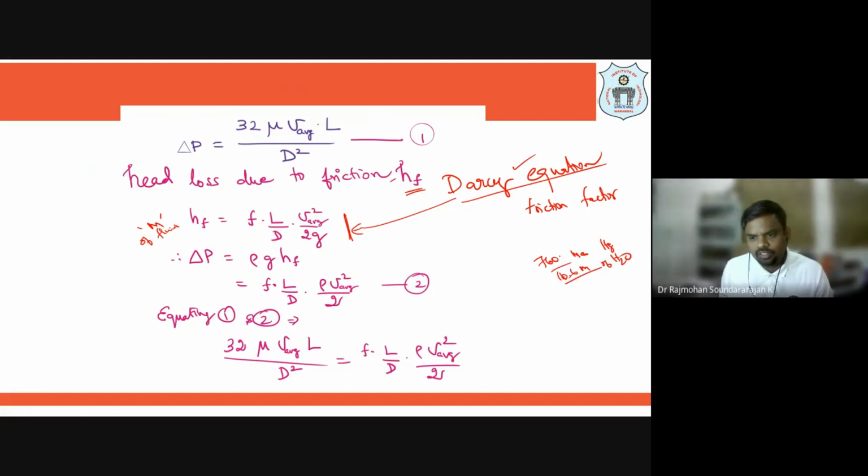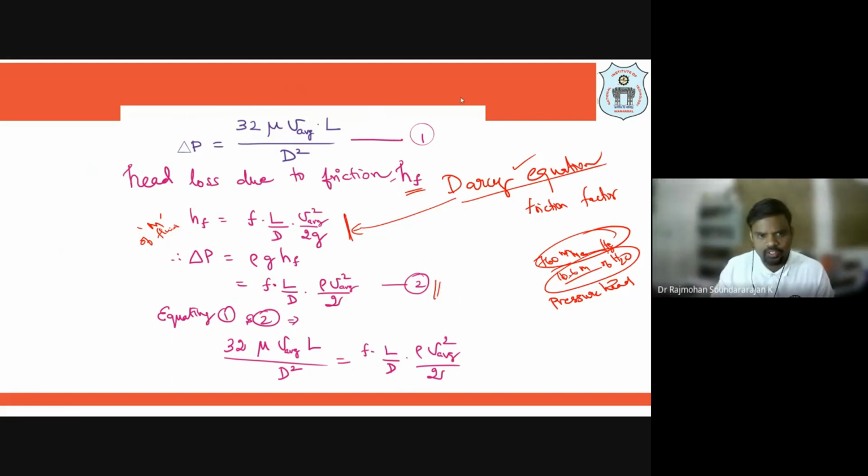So always we can express the pressure in terms of pressure head, right? Here also, if you want to convert this pressure head into pressure, delta P equal to rho g HF. So we get rho g into this term, the g will get cancelled, and F L by D rho V average square by 2 is the equation we have, equation 2.